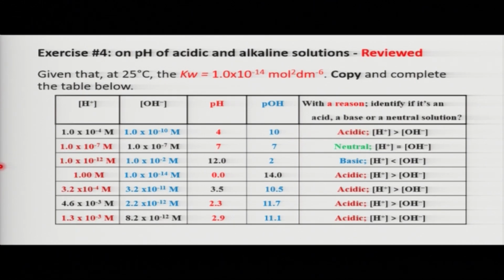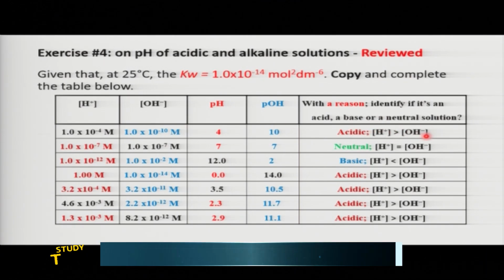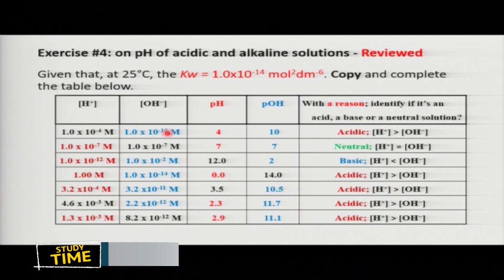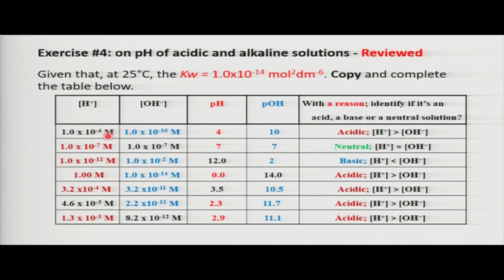And that is the answer here. The concentration here is bigger than this, making the solution to be acidic, and that is the reason. The reason is based on the concentration of hydronium ions and OH ions. Compare your answers with this, and that makes it up.